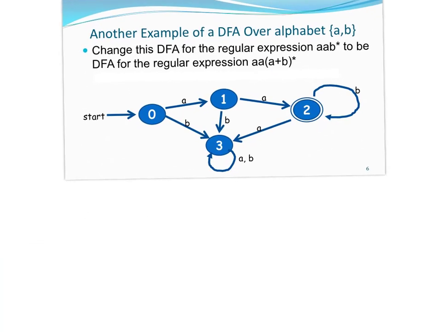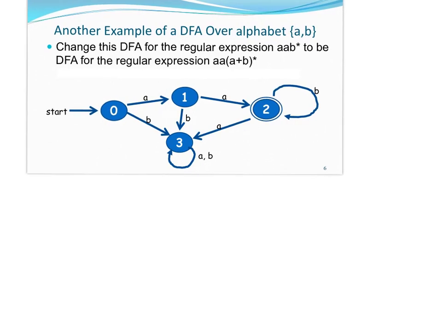So let's pause for a minute and just remind ourselves, what is this new language that we've got? So (A plus B) star. That means we start out with two A's, so every string has two A's. And then after that, we have 0 or more elements from the things in this parentheses, which is either A or B. So it's an AA followed by as many A's or B's as you want.